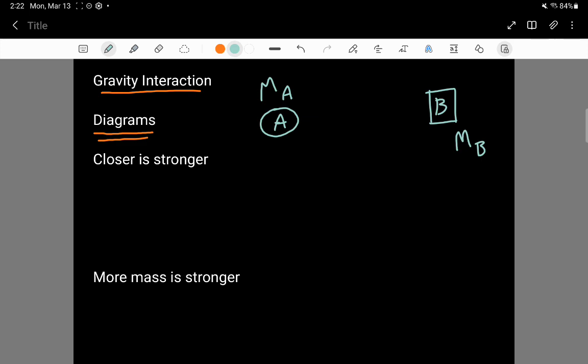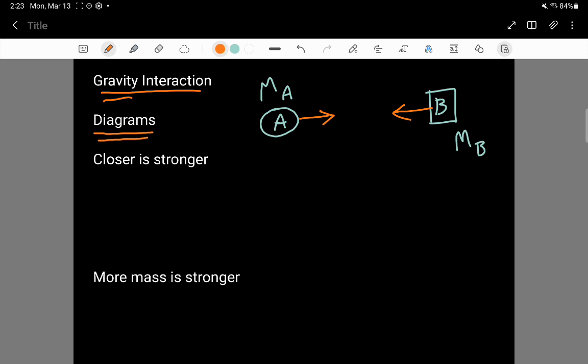So the way that we diagram the gravitational interaction is that these two objects are some distance apart, but because they have mass, gravity is going to cause them to be attracted towards each other with forces. There's a force on object A by the mass of object B because of gravity, and there is an equal but opposite force on object B by object A because of the gravitational interaction.